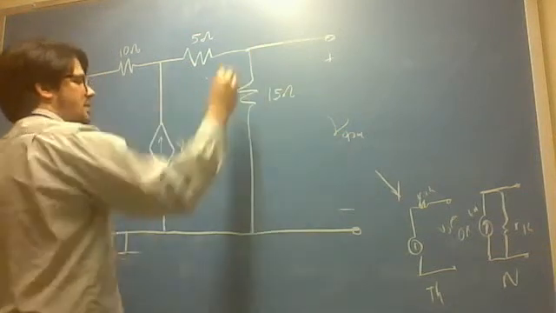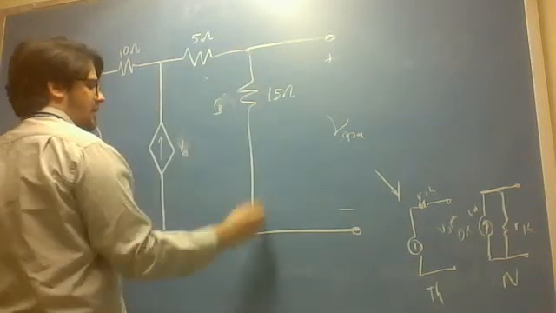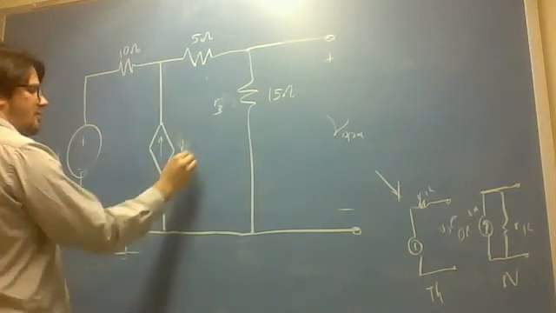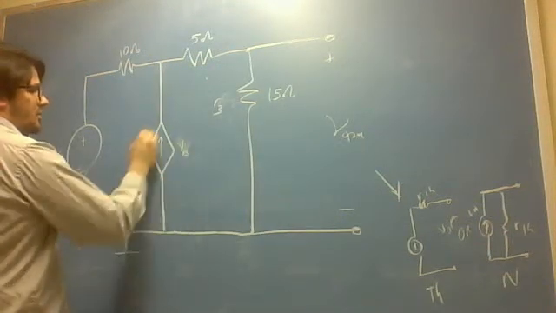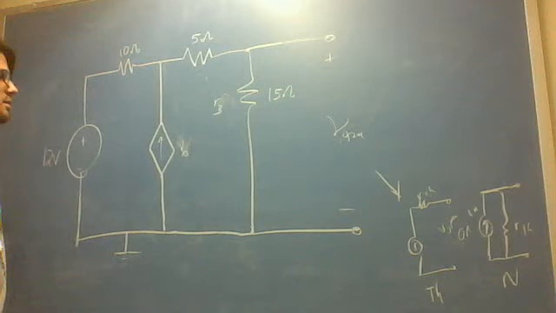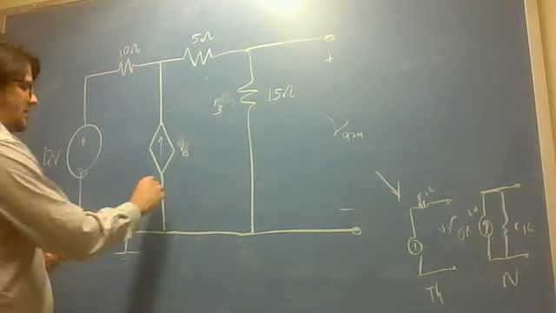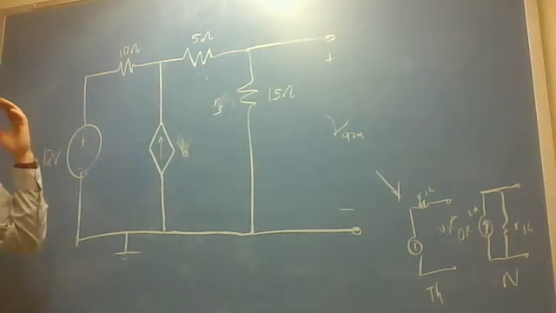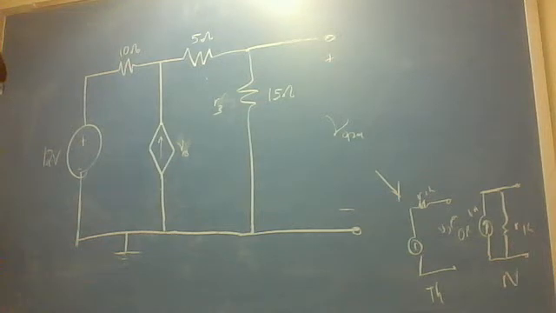So the voltage between here and here is going to differ from the voltage between here and here, because we also have a current source here, and the current source also has a voltage. Just because it's a current source, even if it's voltage controlled or current controlled, doesn't mean it doesn't have a voltage. Every part has a voltage and a current, unless otherwise specified. So yeah, that's a true statement.